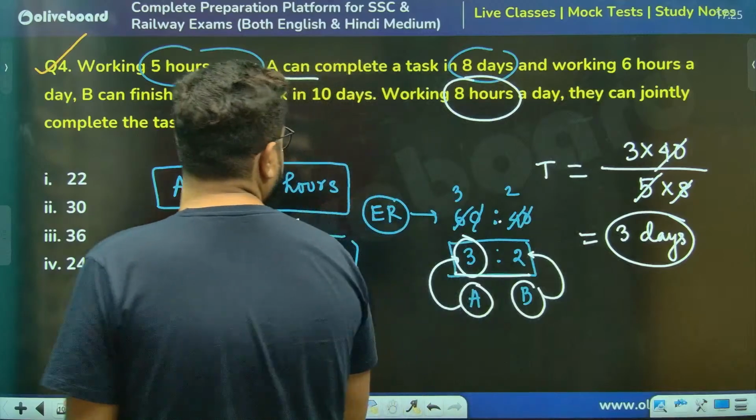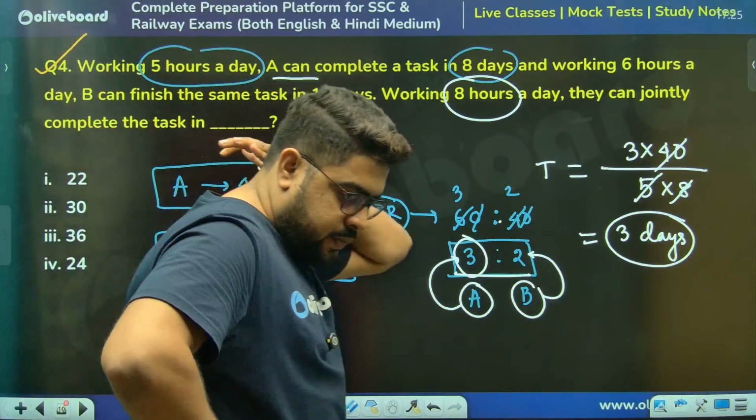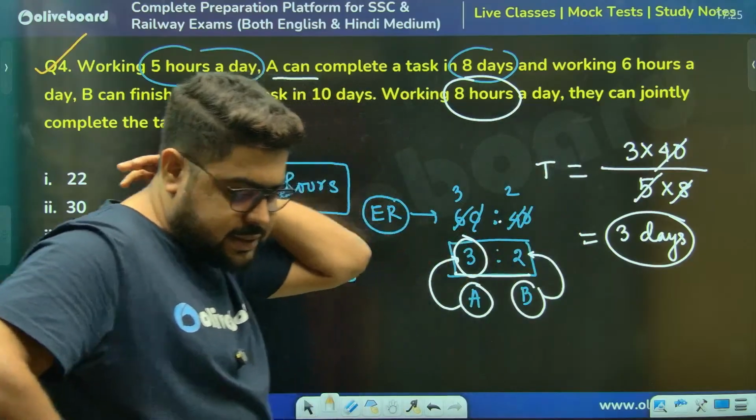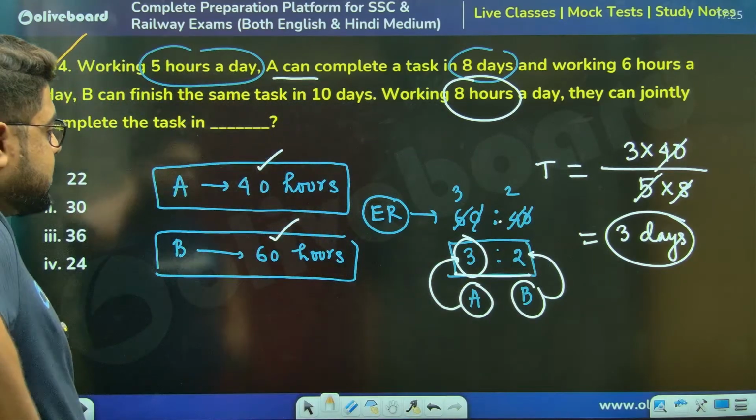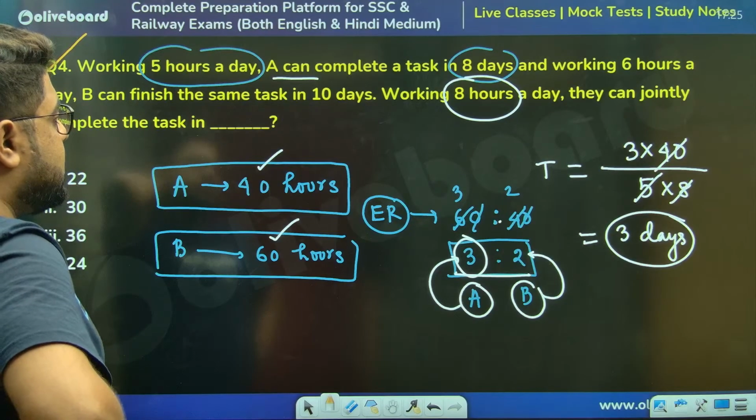अरे हाँ ये क्या हो गया सर? What have I missed? क्या मिस कर दिया हमने? अरे रुक जाओ.